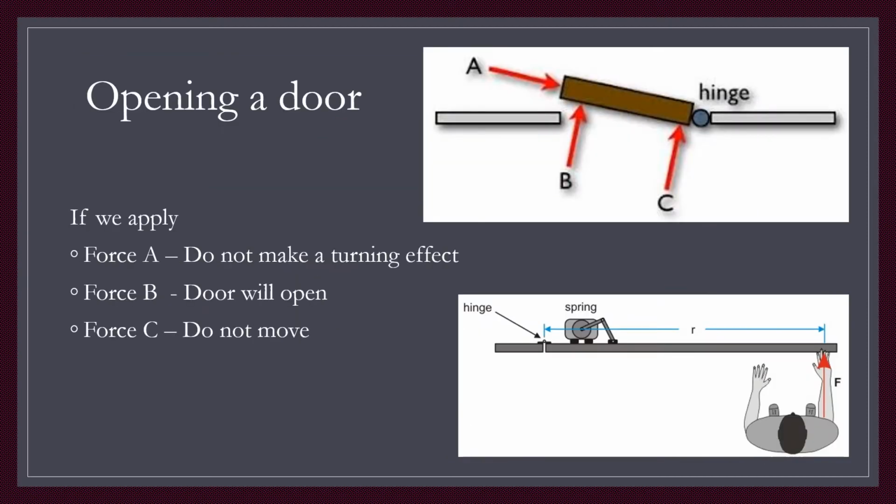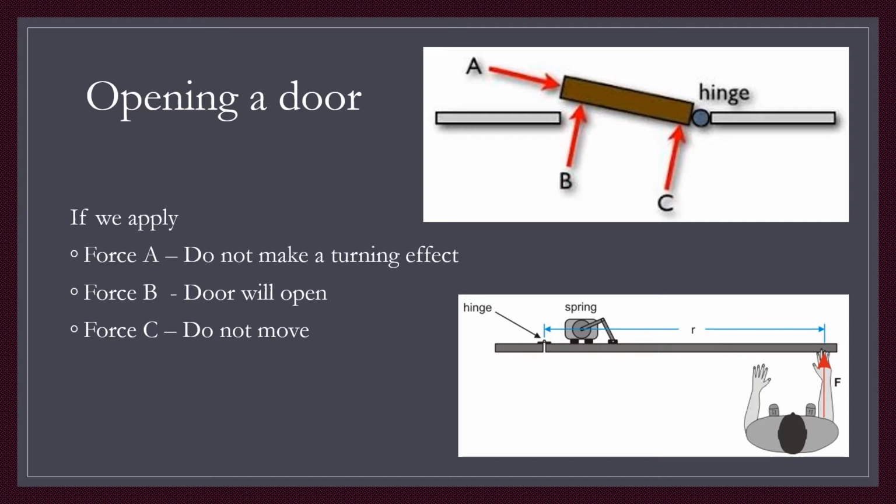Now we will look at the application of opening a door using the moment of a force. When discussing this, we have to think from the top view of the door, because the force we apply to open the door is in the horizontal plane. Look at the first picture.